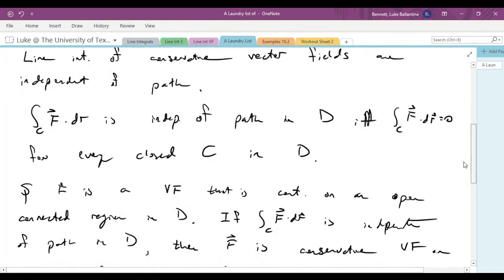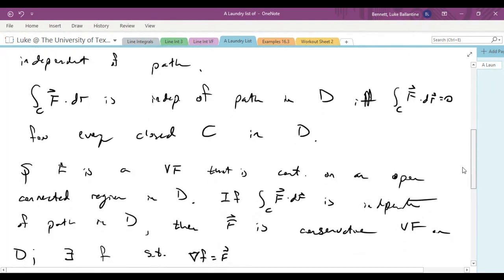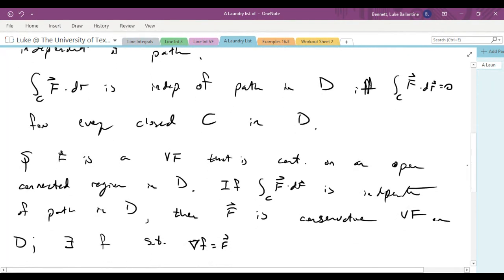Suppose F is a vector field that is continuous on an open connected region D. If the integral of F dot dr is independent of path in D, then F is a conservative vector field on D. What is a conservative vector field? Oh, I wrote it right there. There exists an f such that the gradient of f equals big F. And that's what we did with this past example right here.